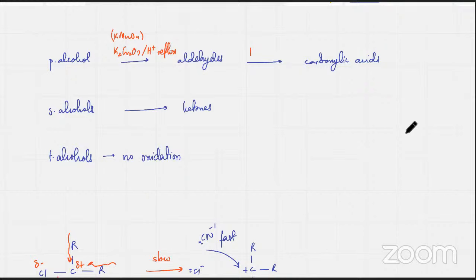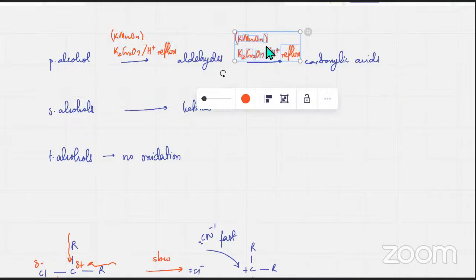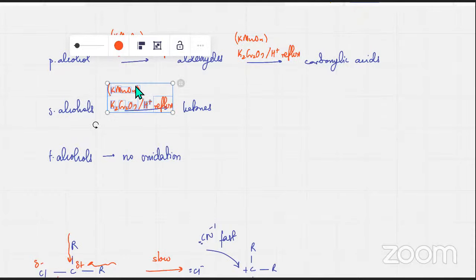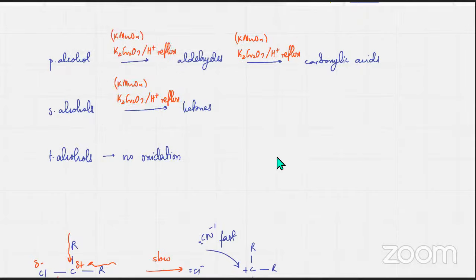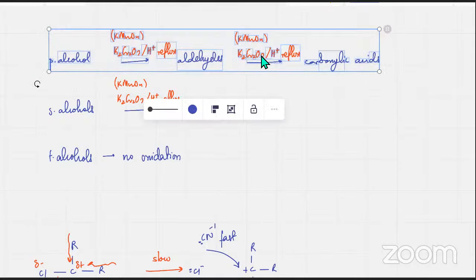Okay, so this H plus, acid, means you have to add the acid in between. Anyway, this would be the same, and secondary alcohols would also be the same. So all three have the same conditions.